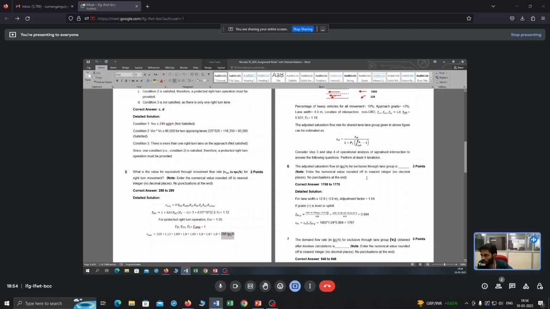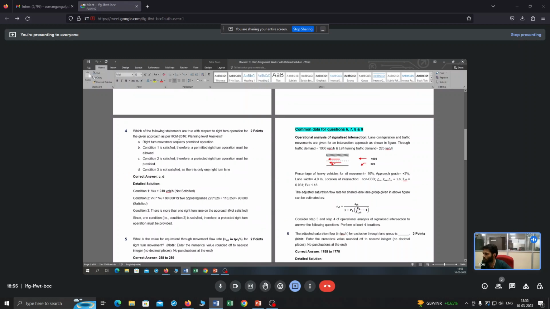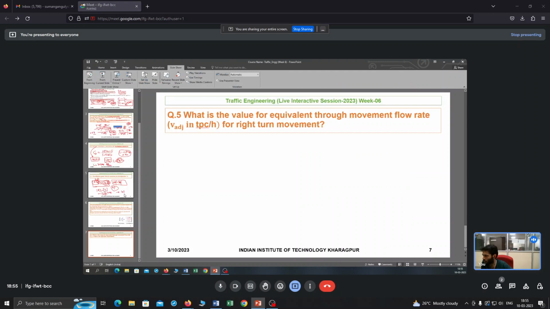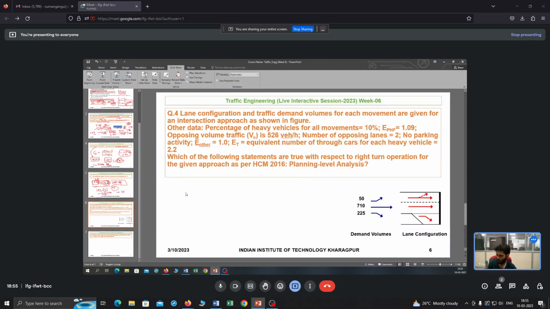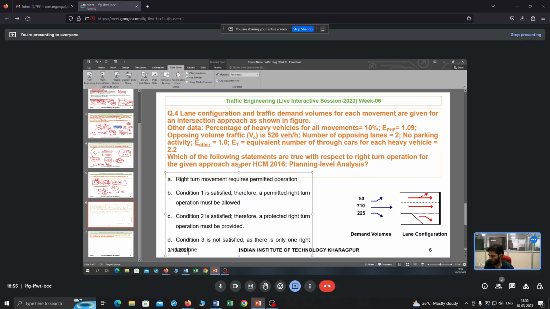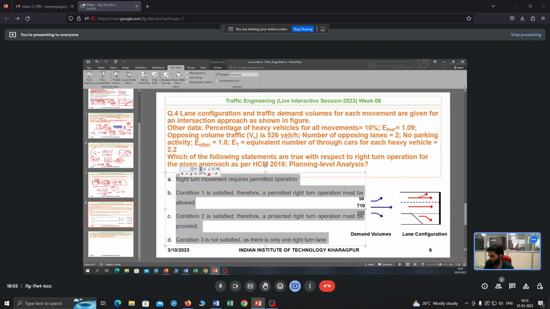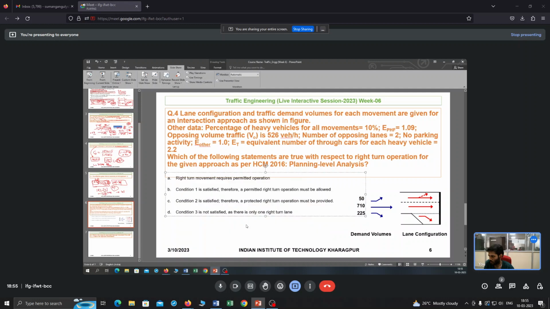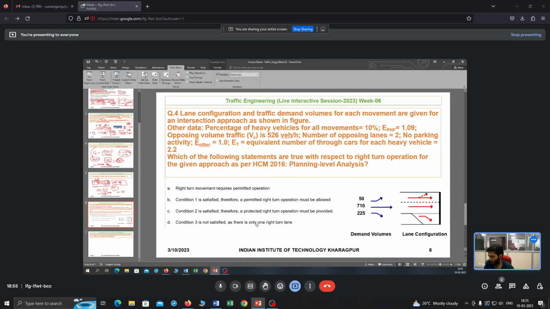So now if you see here, which of this is already, you can copy here and you can paste it here. So for this, which of the following statements are true with respect to right turn operation?